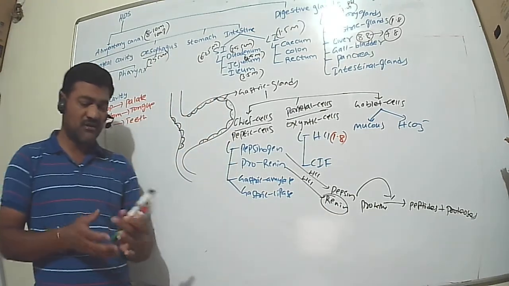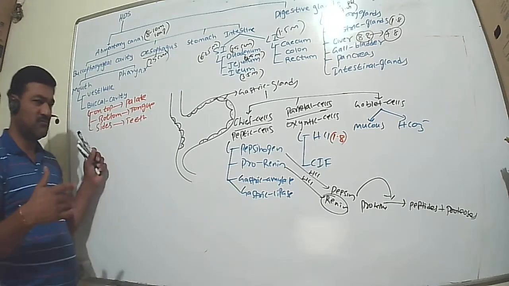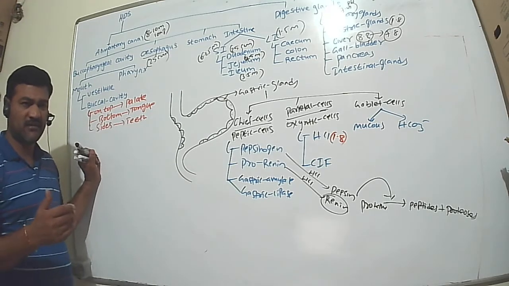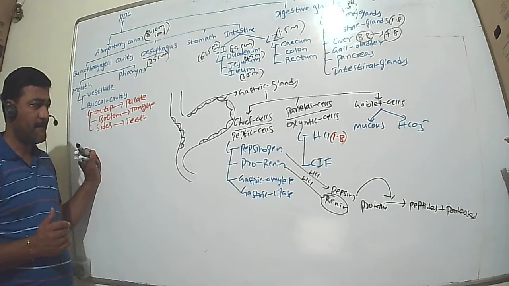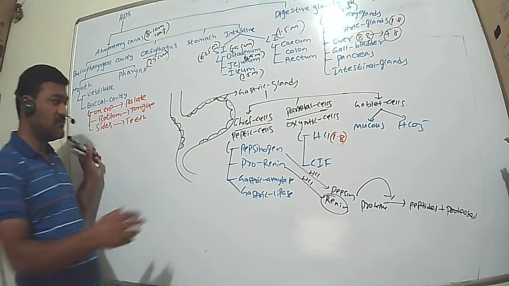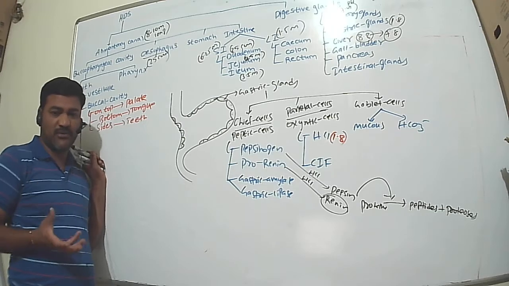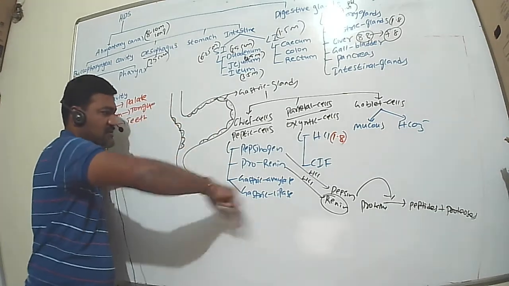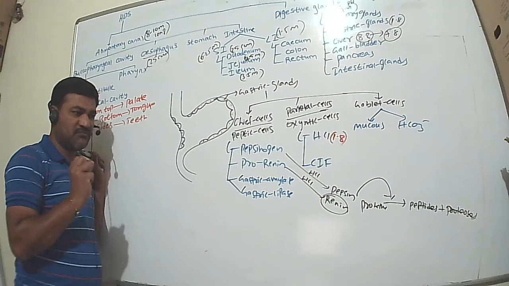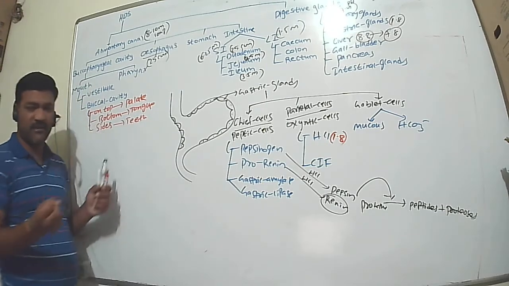Prorenin is released only in children up to about 2 years of age, or at maximum up to 3-4 years of age. Why? Because in them the main primary food is milk. Milk is a liquid, so it can pass quickly through the stomach, and the calcium and the casein proteins are not properly absorbed.